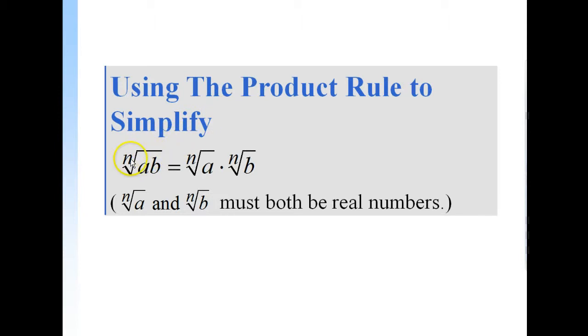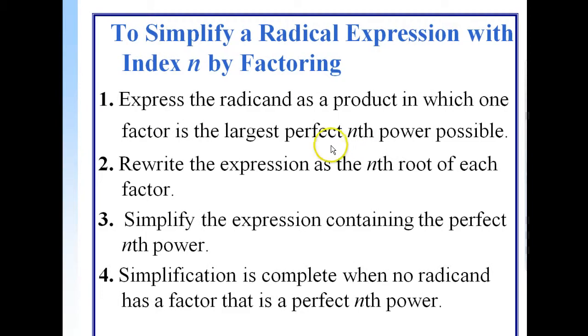So if you have the index number and then a product, what they're saying is you can separate this product into their factors. And if one of these factors is a perfect square, you can factor that out. So here's what we'll be doing. And you can read this over, and I will illustrate it in the next few slides.